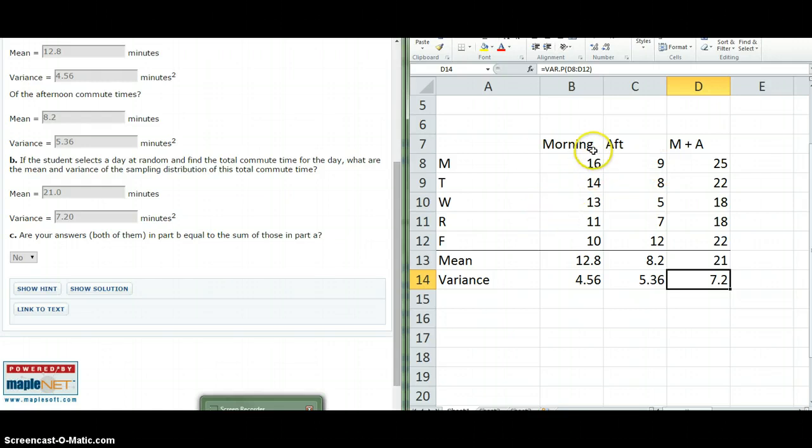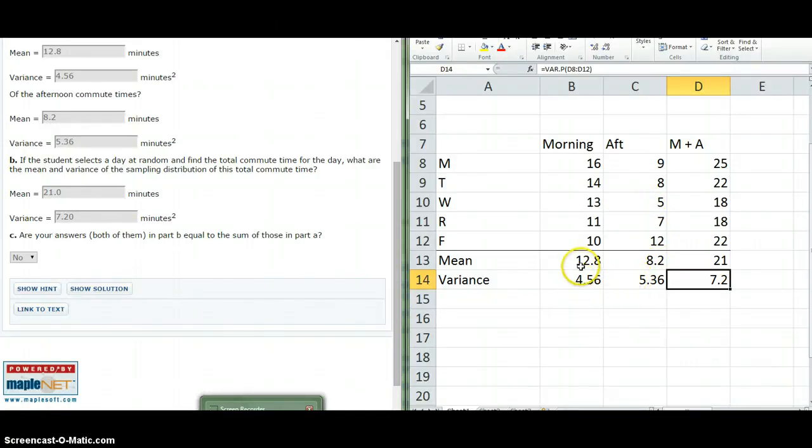If there's any correlation between these two, in other words, if these two variables, x and y, or morning and afternoon, or whatever we're looking at, if there's some correlation between the two, then we can't simply add the variances, unfortunately. There's a third term involving covariance that we need to take into account.